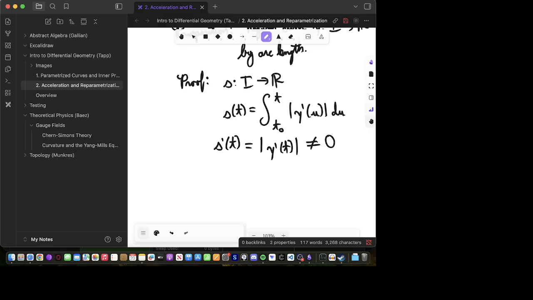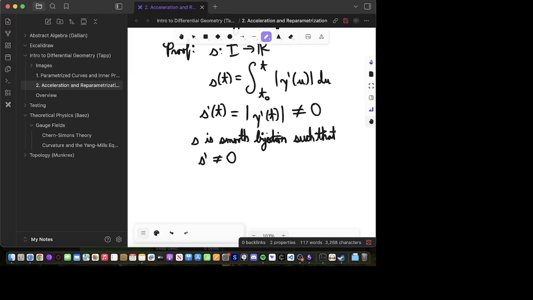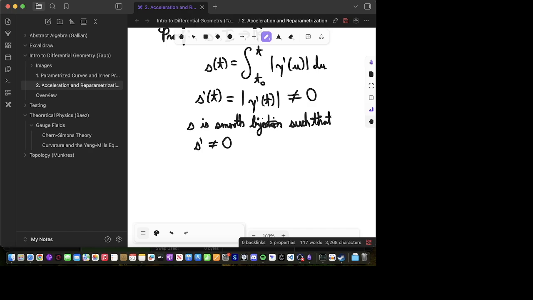Therefore, we have that S is a smooth bijection such that S prime does not equal 0. It's clear then that S has an inverse function, we're going to call it phi.